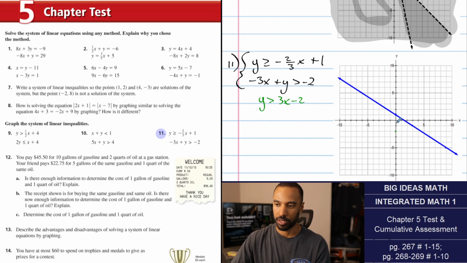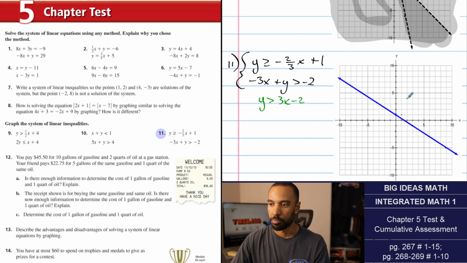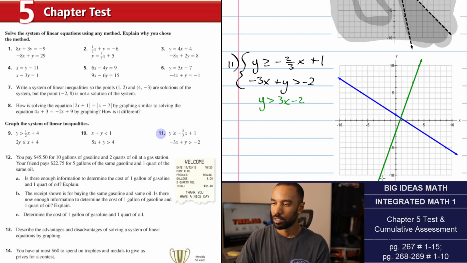From -2, up 3, right 1. We will make this one dashed, and we're going to shade above this one as well. What is above each of these lines will be this region right up here, the overlapping shaded region.